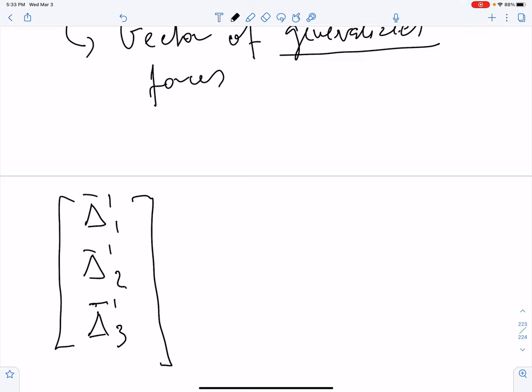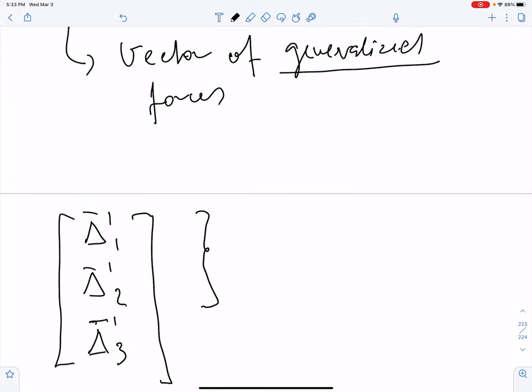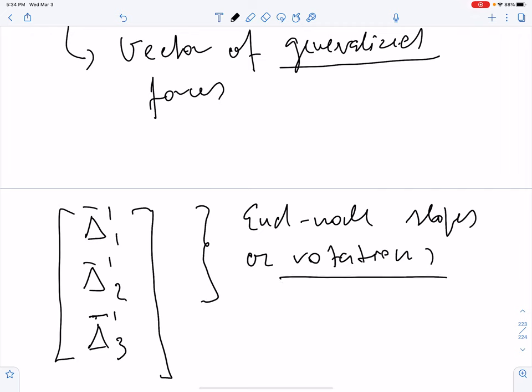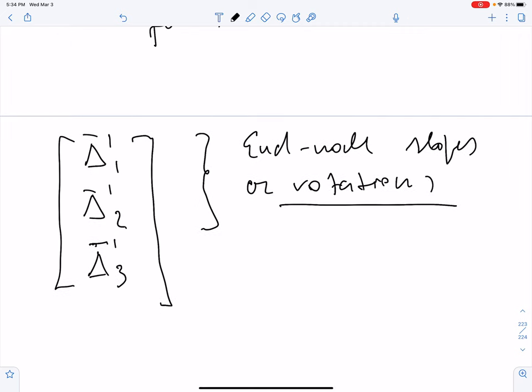The first two entries correspond to end node slopes or rotations. We're going to use the word rotations. And these are new.